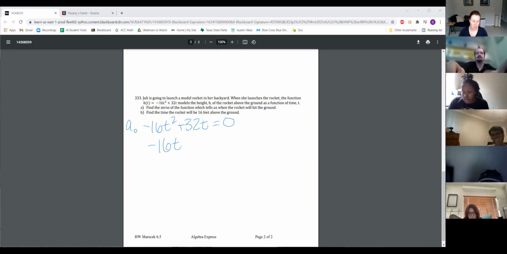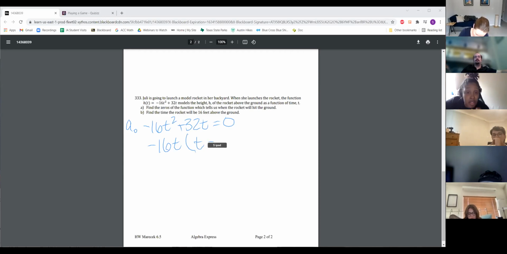Try to find the biggest thing though. The greatest. Would it be 16? Yeah, negative 16. Whenever that front one's negative, we like to traditionally pull out a negative in math. Okay. So that would leave us with t minus 2.